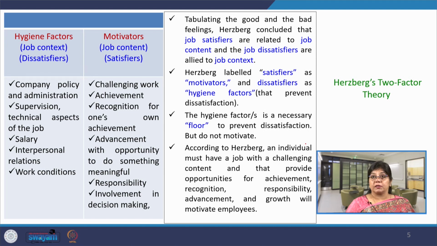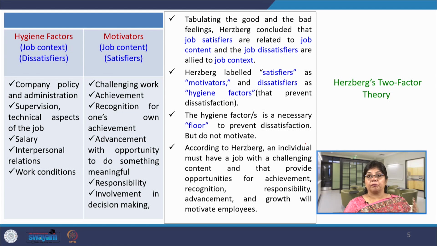Because the employees indicated that the job is challenging, they have more achievement orientation in their job, they are more recognized for their performance, there are more advancement opportunities to do something meaningful, there is more responsibility and there is involvement in decision making. When the jobs were providing all these factors and opportunities, this led to not only satisfaction but motivation. So, this is the classification of the factors that motivated employees as per Herzberg.